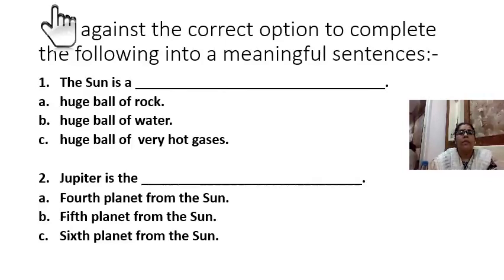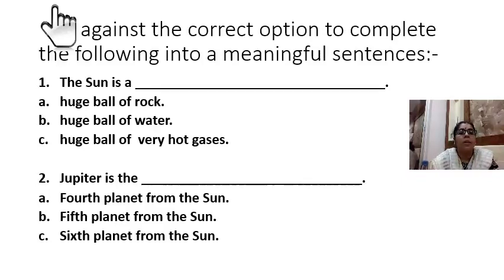Click against the correct option to complete the following into meaningful sentences. Okay, you have to make meaningful sentences. You have to read the options, okay? Slowly you have to do it. Don't be in a hurry, don't rush. Again and again I'm telling you. The sun is a huge ball of rock.